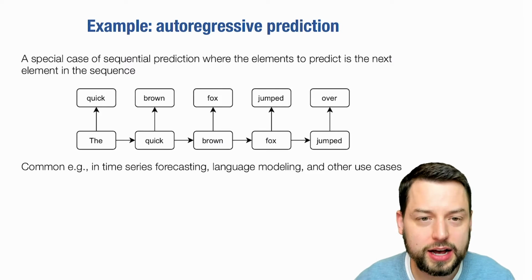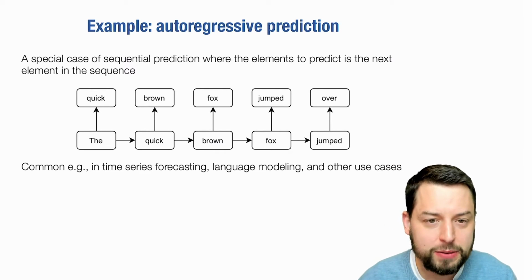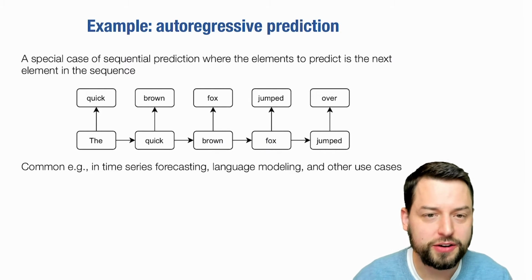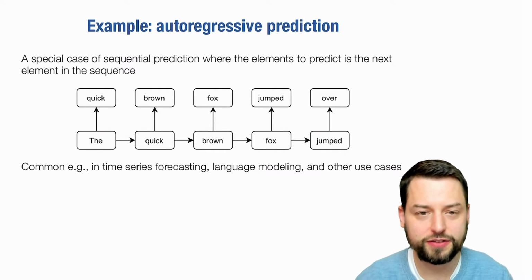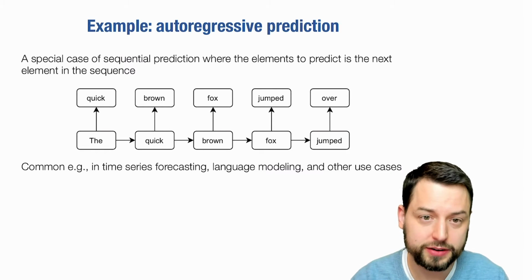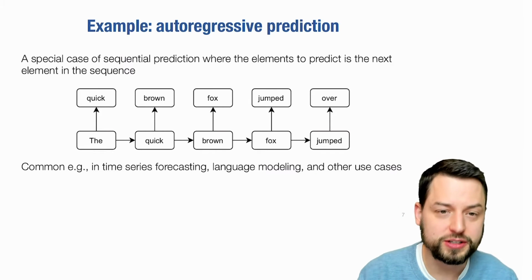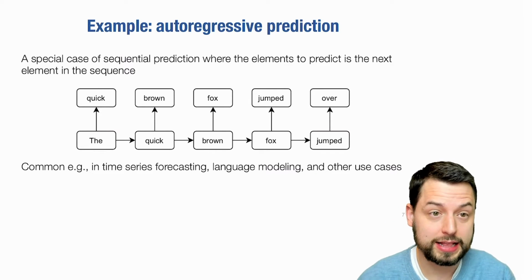And the last example I want to highlight here is a sequence prediction problem that's taken on special meaning in the past few years due to its extensive use in things like language models. And this is the setting of autoregressive prediction, especially autoregressive prediction for things like language.